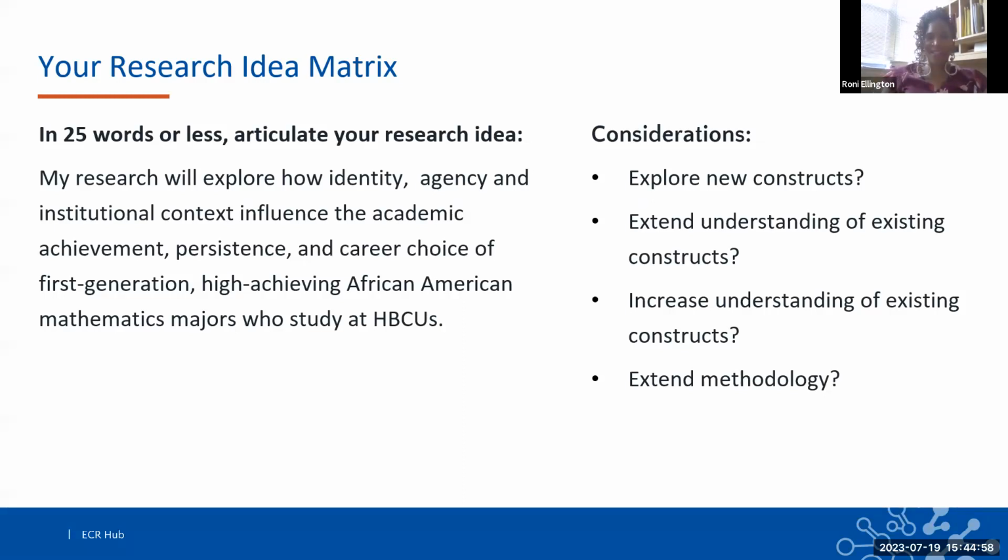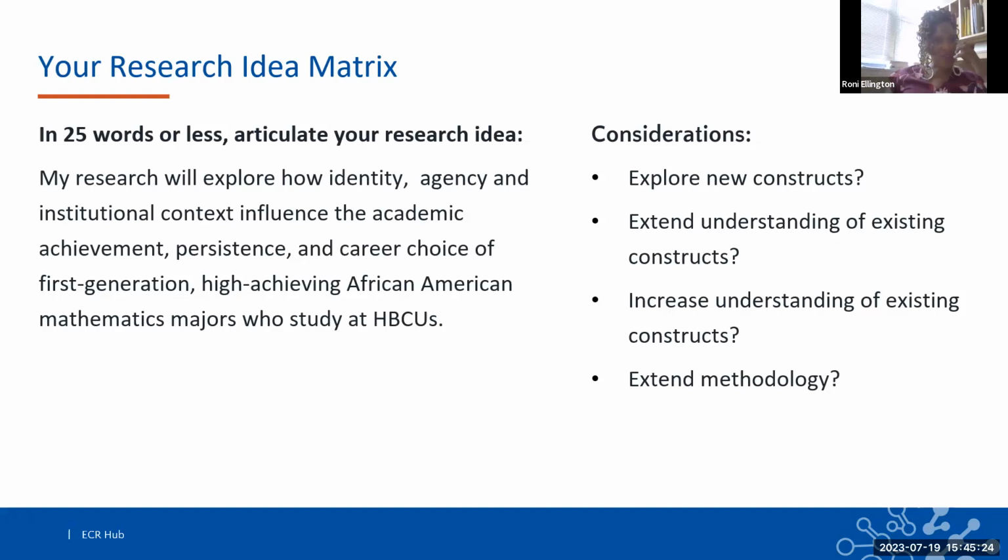Right, so the constructs here are this notion of identity, agency, and context. So I have a whole idea that HBCUs as a particular context foster certain types of agency and identity in Black students, specifically math majors, that I believe can be modeled in a particular way to understand the role of institutional context and identity and agency.